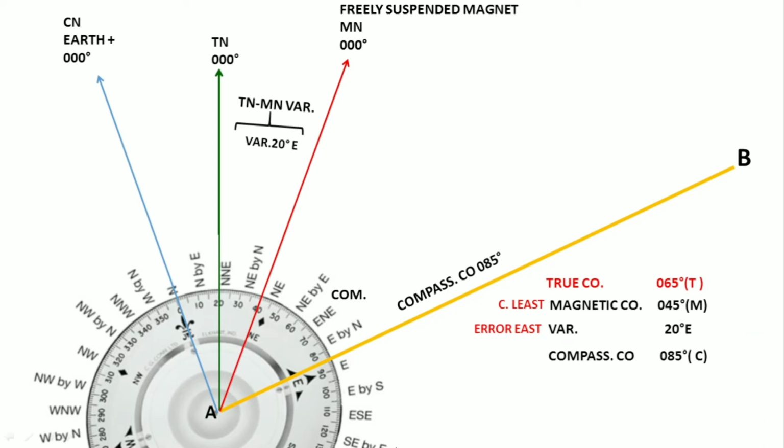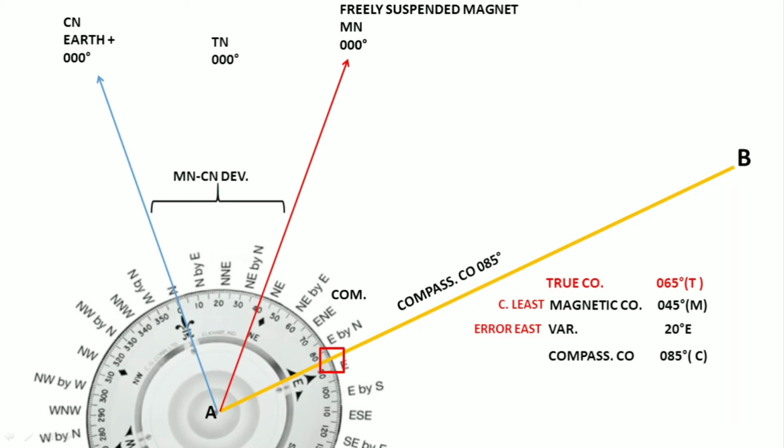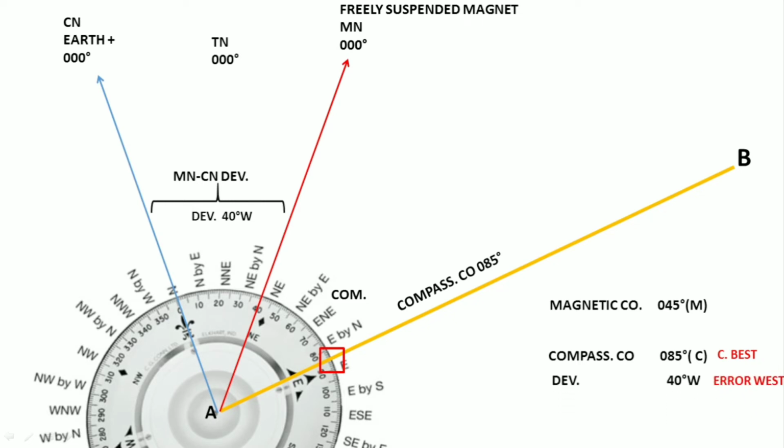So deviation would be 40 degrees west. I still hold on to the same: compass west, error west, deviation 40 degrees west.